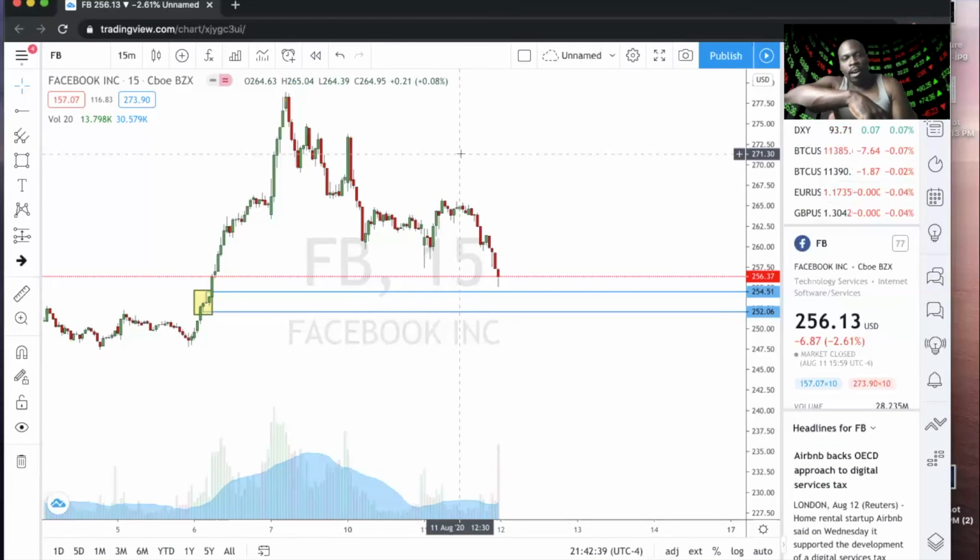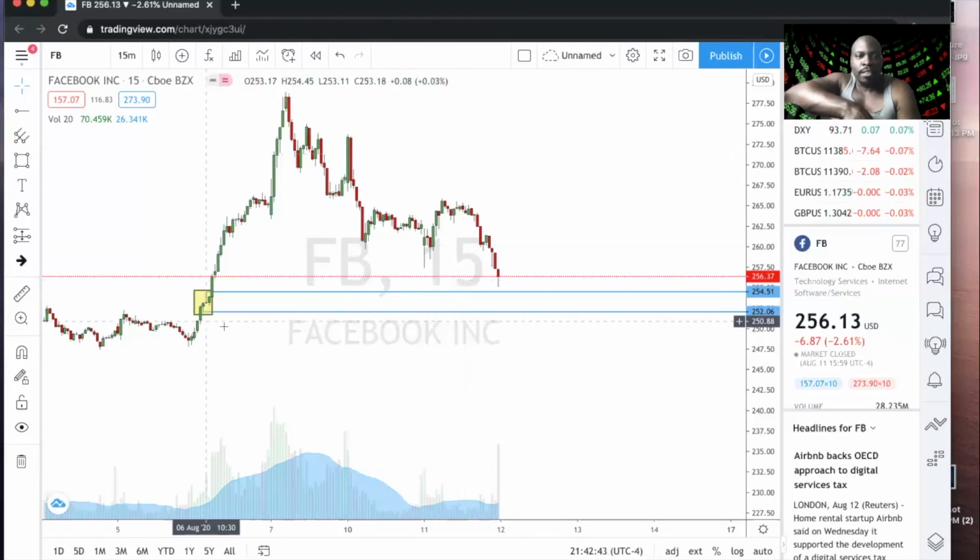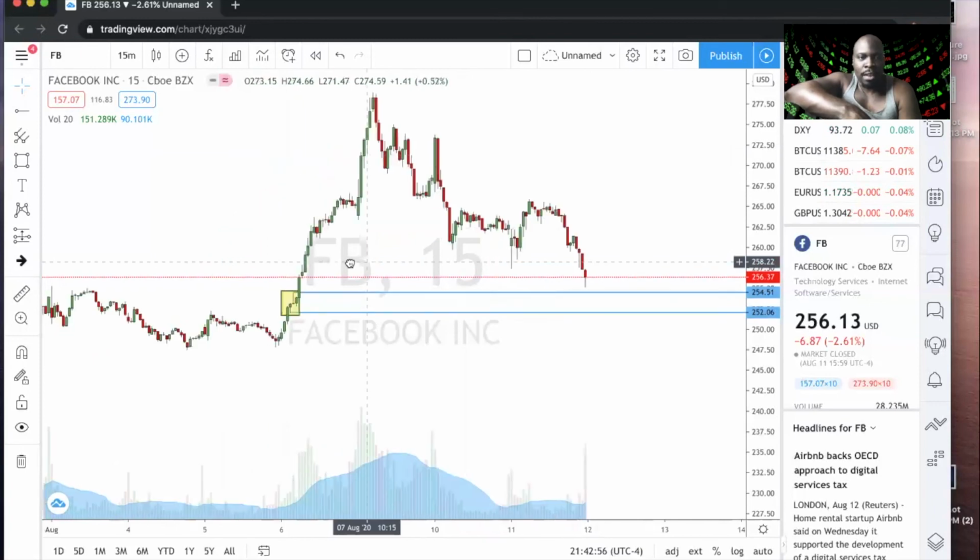So, not to get too heavy, but again, this is one of the strategies that I use when I'm trying to decide how to get in or buy a stock. It's just a basic technical analysis.